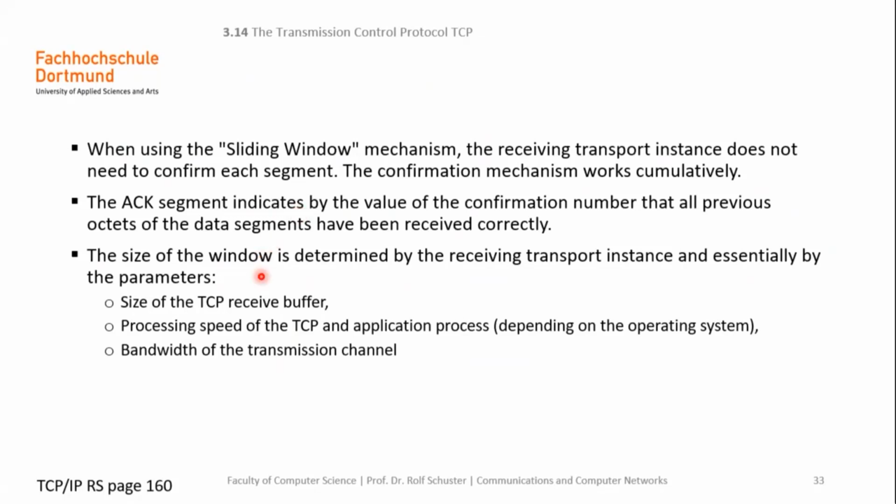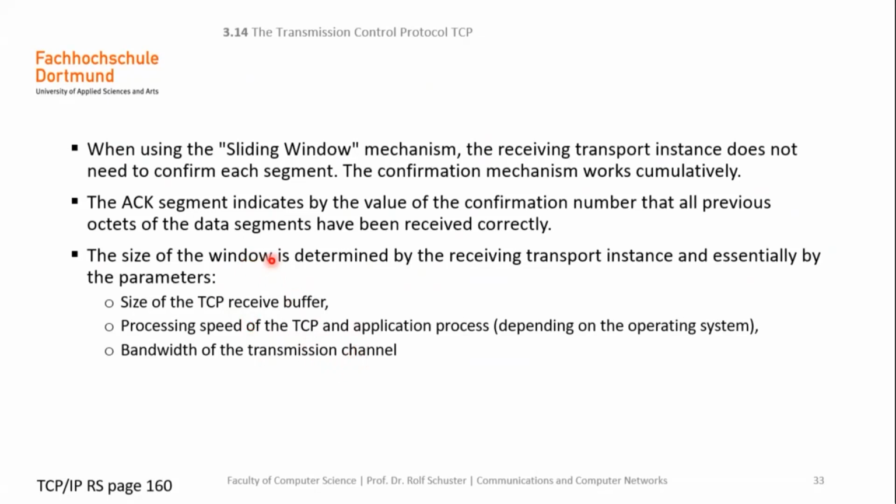The size of the window is determined by the receiving transport instance and essentially by the parameters of the size of the TCP receiver buffer, processing speed of the TCP and application process, and bandwidth of the transmission channel. We will see that the window size that the transmitter needs to use is controlled by two phenomena.